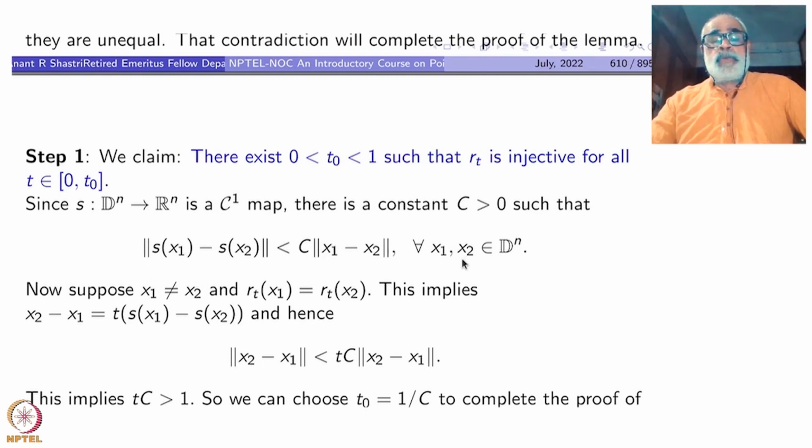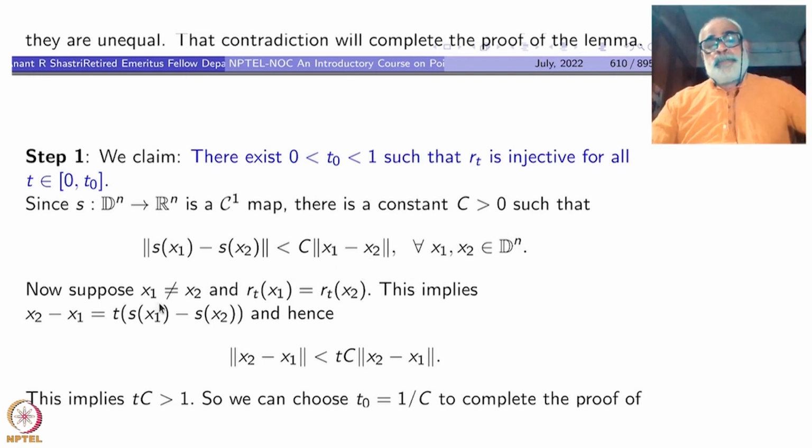This is true because Dn is compact, closed and bounded, and S is C1. So you look at the derivative, take the maximum of the derivative, and that can be taken as C. That is the general statement here. This is some calculus.